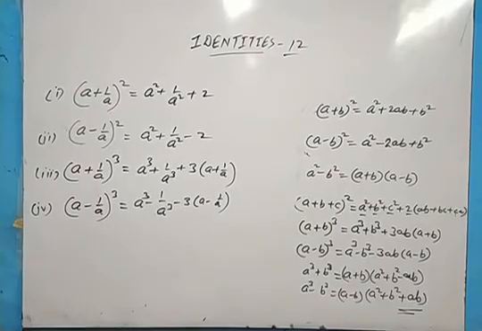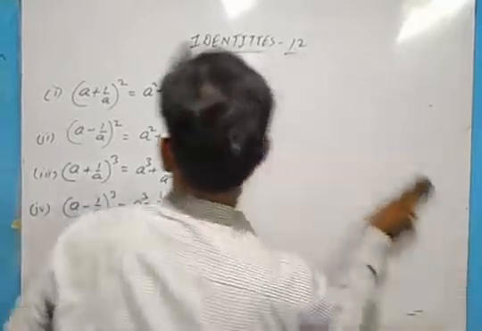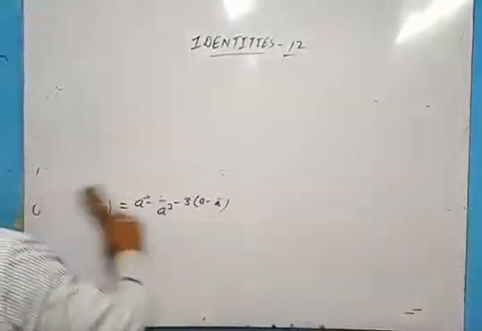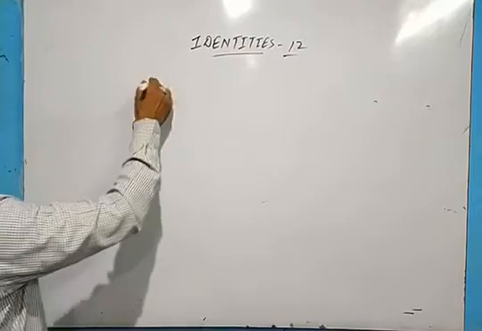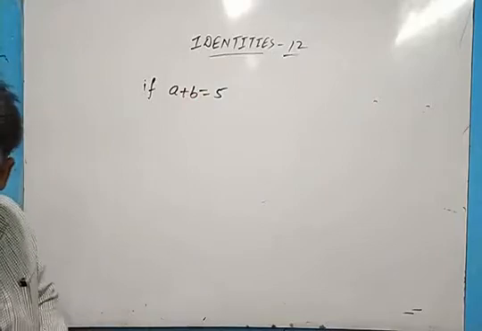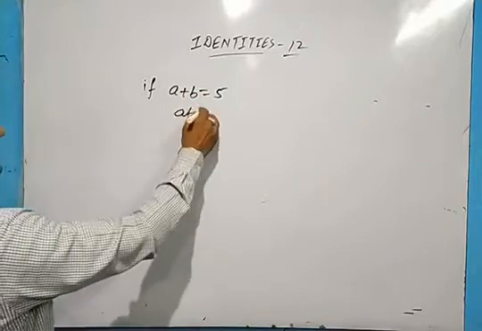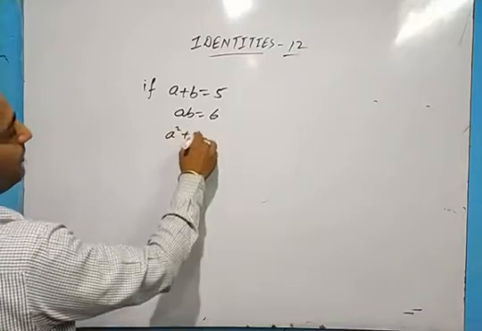Some questions we have based on the formulas. First question is, if a + b is given 5 and the value of ab is given 6, we have to find the value of a square plus b square.